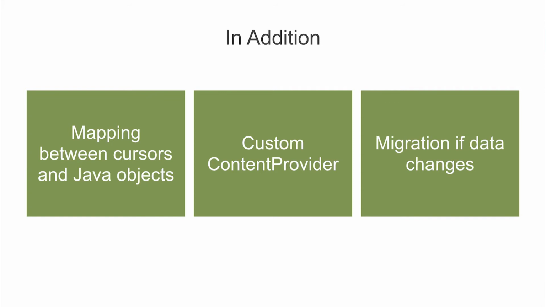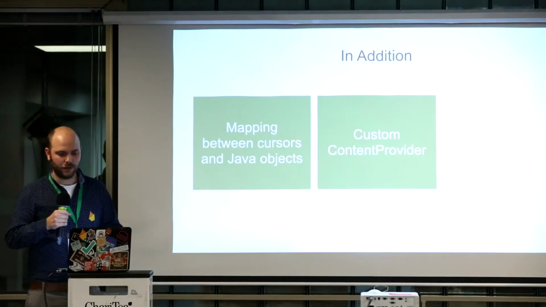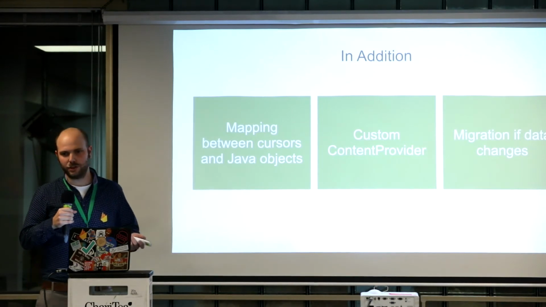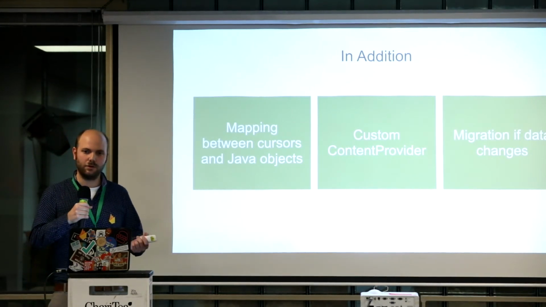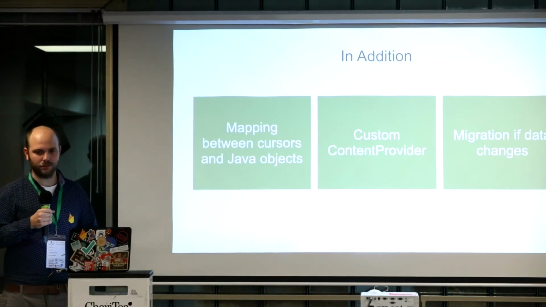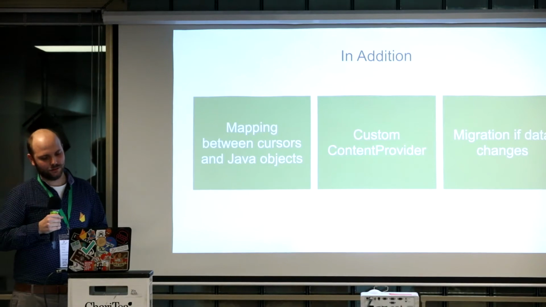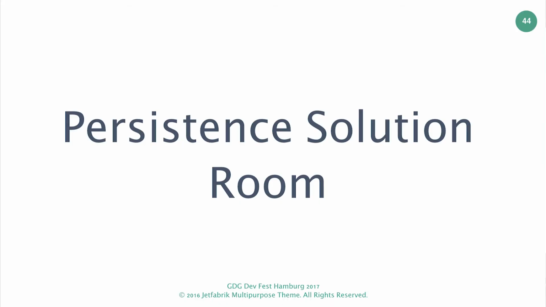If you want to expose your data to different apps, you're going to build a custom content provider. Or if you have some complex operations, then you're going to implement the data provider anyway. And the migration, if data changes, as we know, in normal SQLite can be relatively ugly. It's not nice. You need to take care of a lot of stuff.